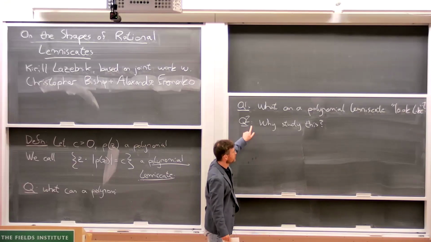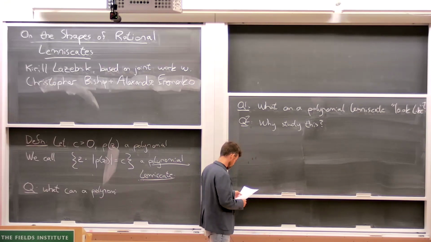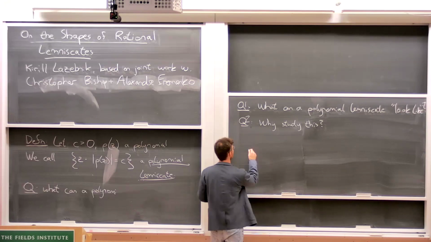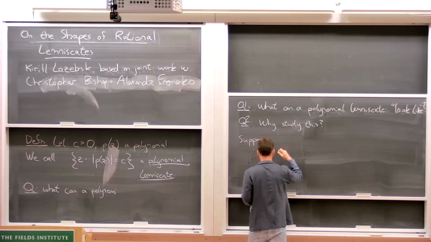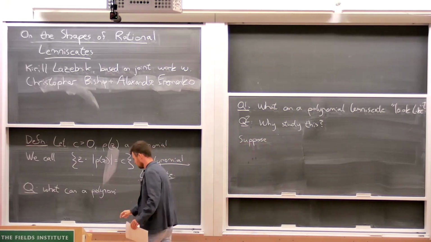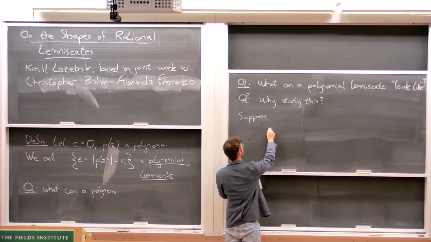So one answer to question 2 is in polynomial approximation. So suppose we have a compact set, and here I'll start using colors.